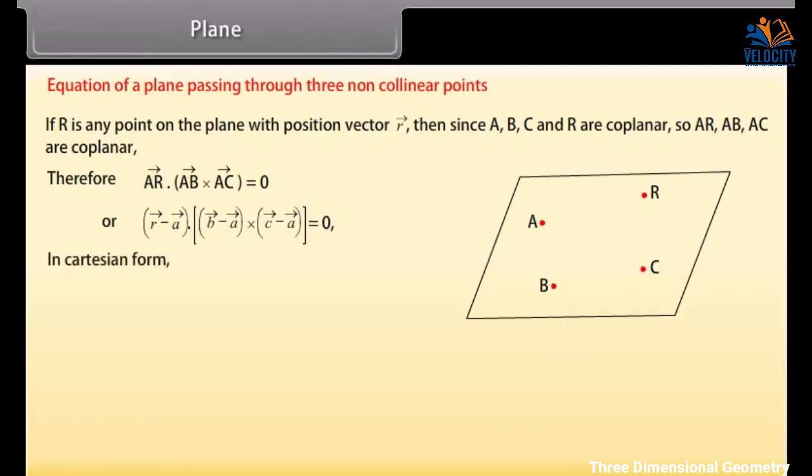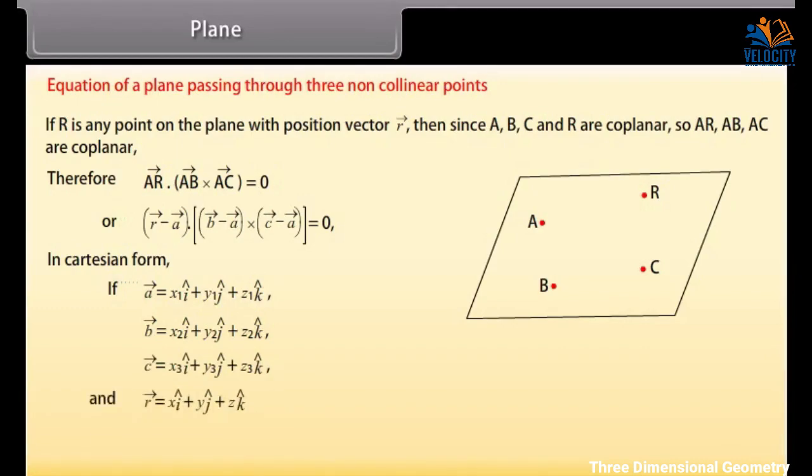In Cartesian form, if vector a equals x1 i cap plus y1 j cap plus z1 k cap, vector b equals x2 i cap plus y2 j cap plus z2 k cap, vector c equals x3 i cap plus y3 j cap plus z3 k cap, and vector r equals x i cap plus y j cap plus z k cap.